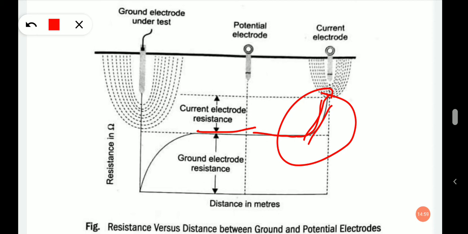The electrodes must be placed at appropriate positions, otherwise serious errors may be produced. The potential electrode should be placed at a distance for which a constant resistance can be obtained.